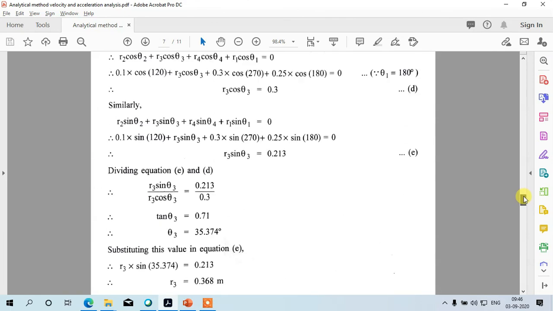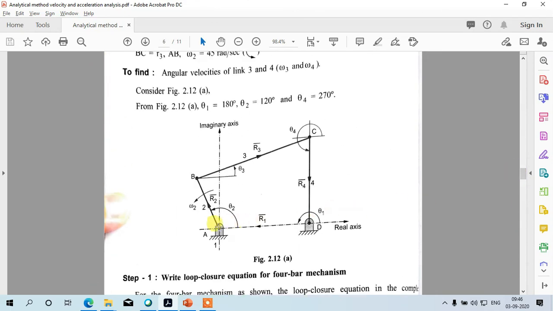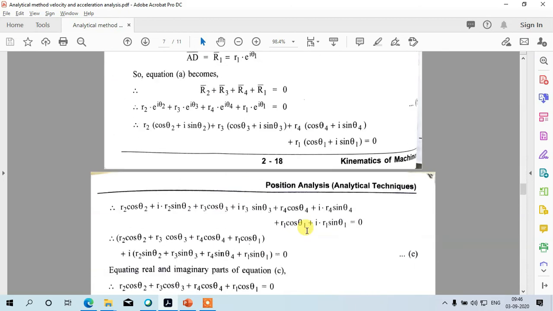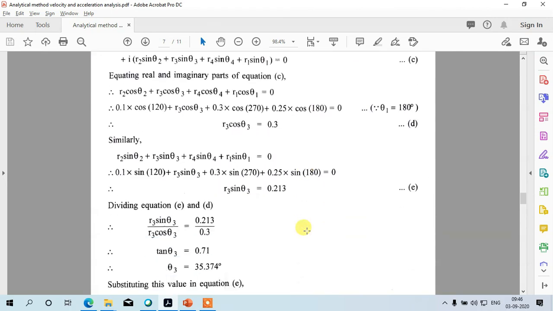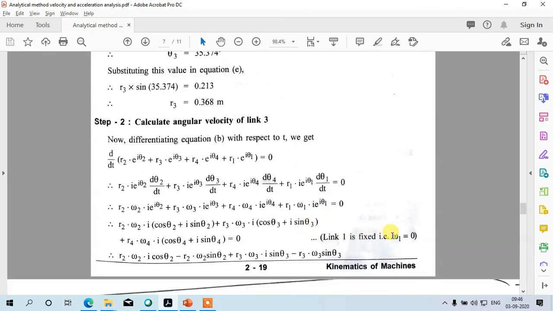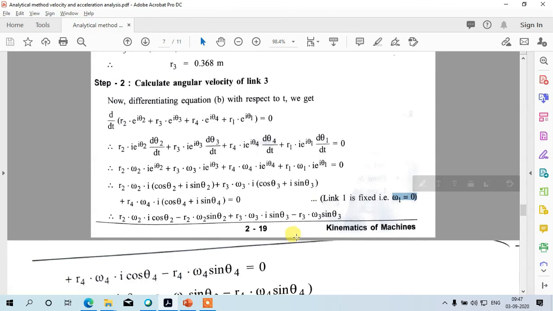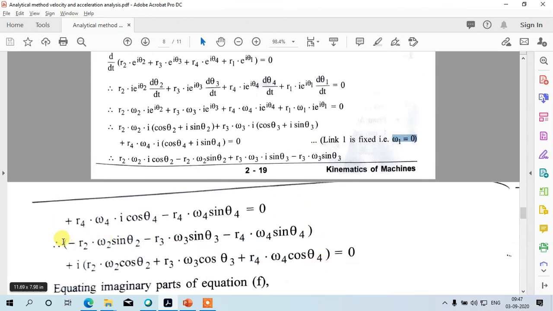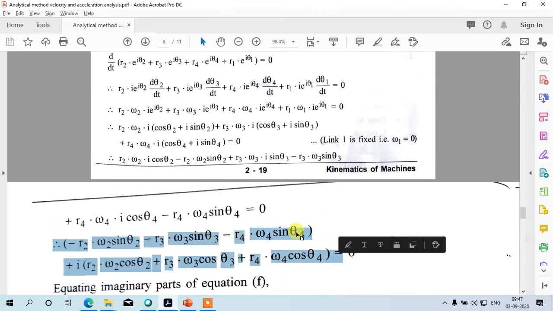As the name suggests, a fixed link is fixed. It cannot move, so it cannot have velocity. If anything is fixed, its velocity will be 0. So that is why we take the angular velocity omega 1 of the fixed link as 0, and that is why we do not find the omega 1 term in this equation.